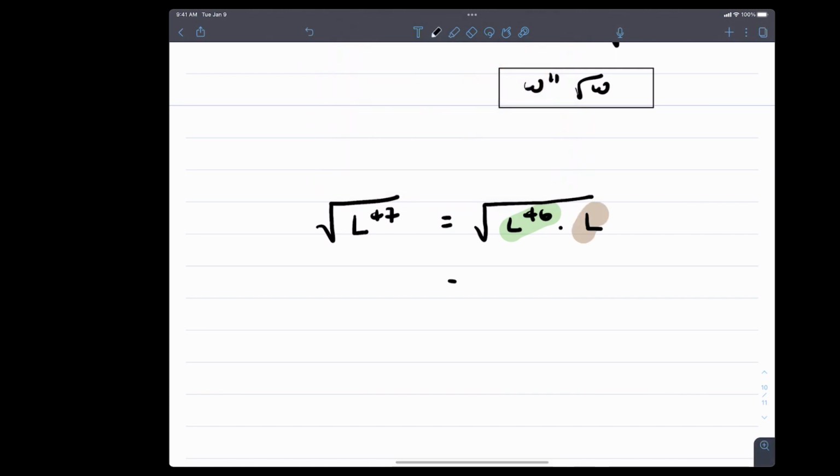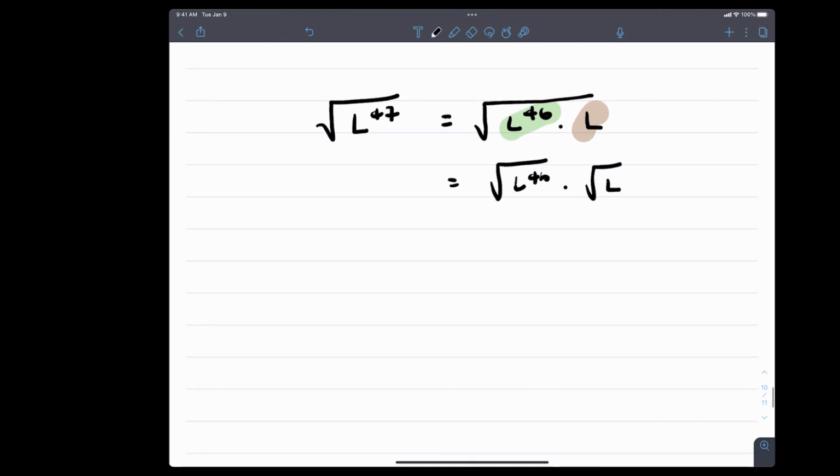What do you guys have here? Square root of L to the 46, square root of L. So we can put L to the 46.